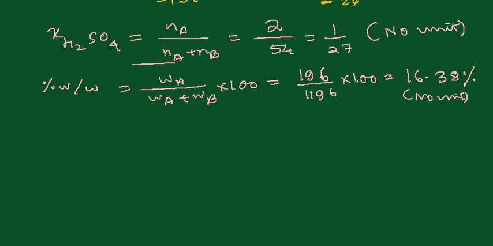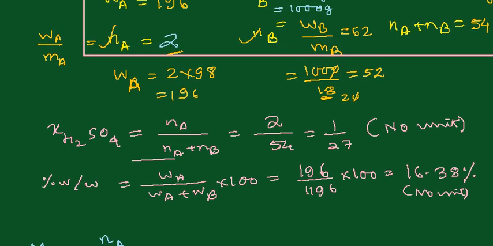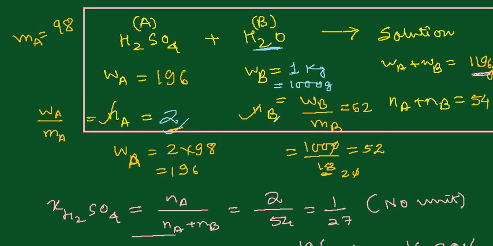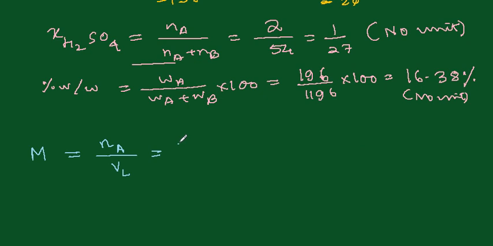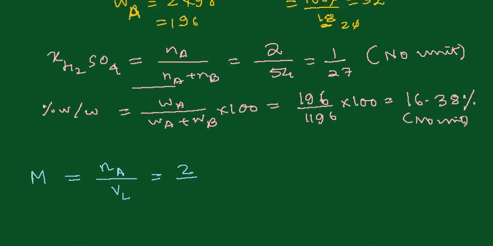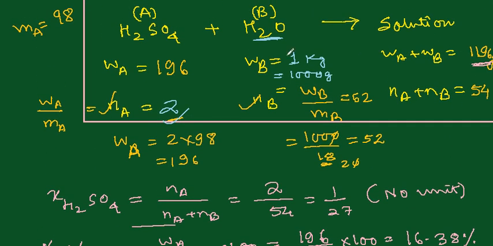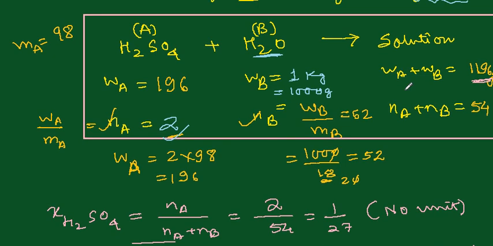The molarity that we are trying to find, its formula is the number of moles of solute that is present in 1 liter of solution. As per our table, the number of moles of sulfuric acid is 2. We can put it here, but the problem is that in this chart the volume is not provided to us. We don't see any volume over here.